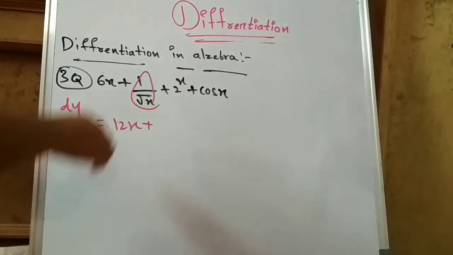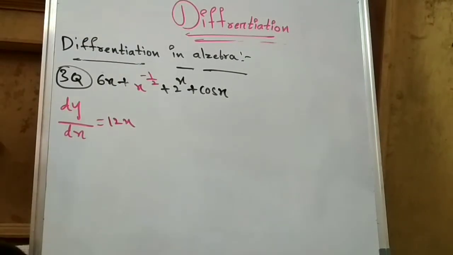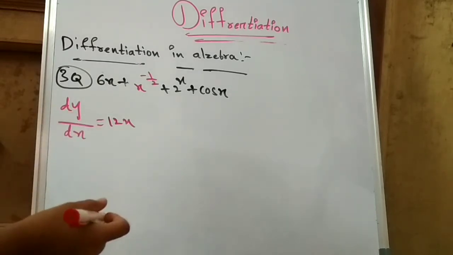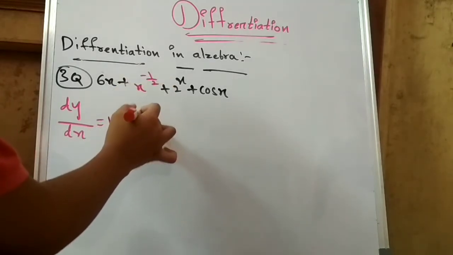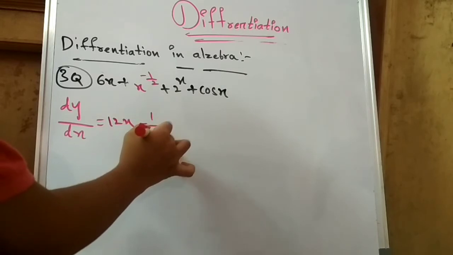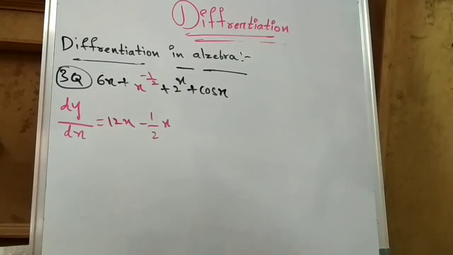Let's write it in the place of that. Now we will do it like minus 1 by 2 times x to the power of 1 by 2 minus 1, which will be minus 3 by 2.